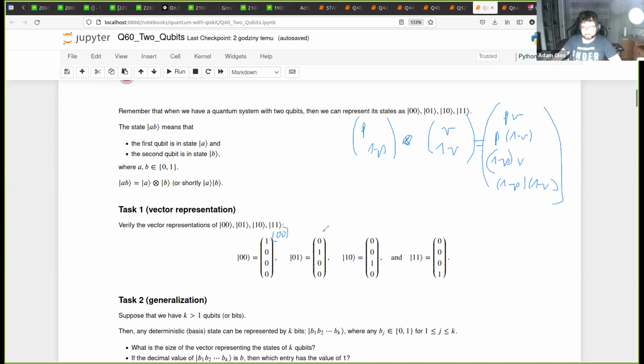I'm not sure if this was exactly the parentheses we were using. We have exactly the same basic states in the quantum case. Simply their meaning is different, because there it was a probabilistic, a stochastic vector. Here it is just a quantum state. But anyway, the probabilities of observing each of these labels will be the same.